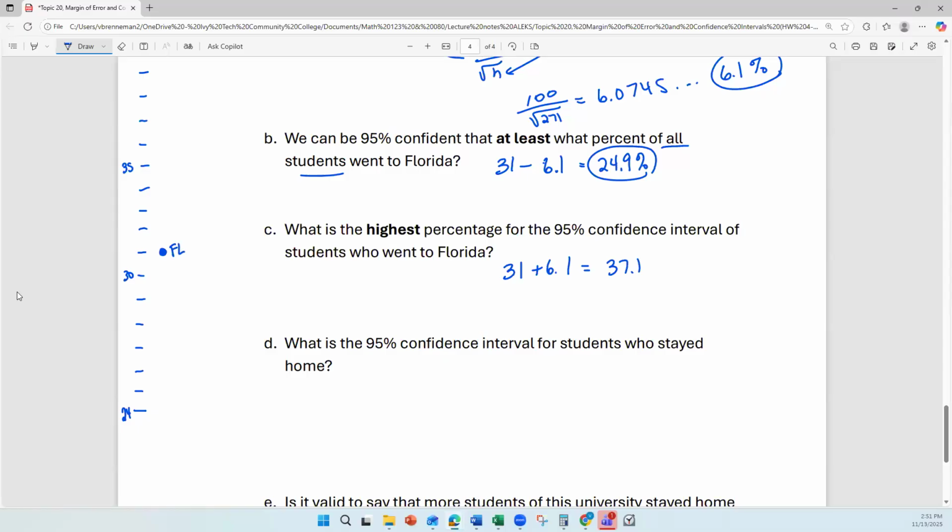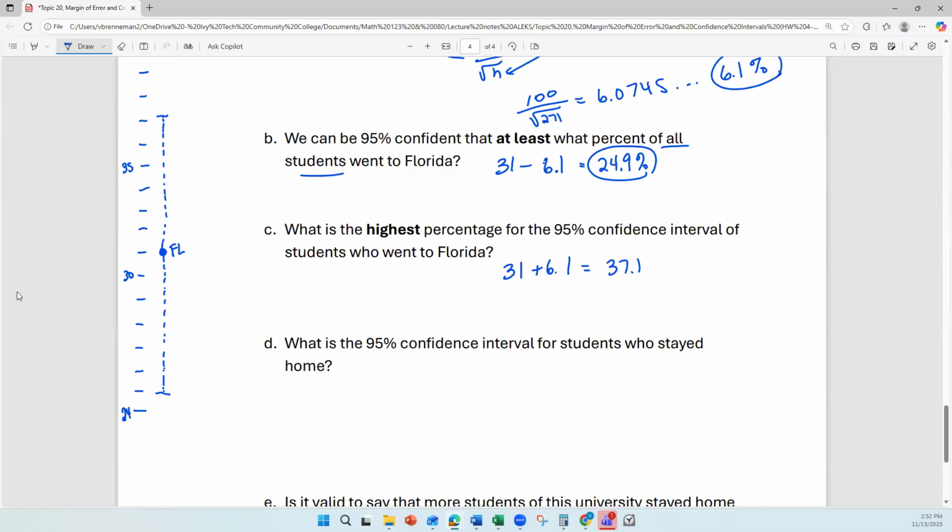The confidence interval says, all right, that was those that actually responded. If I was able to talk to everybody, it might be anywhere down here, anywhere all the way down to 24.9, or could be up here, anywhere up to 37.1. So the actual percentage of everybody could be anywhere within that range.